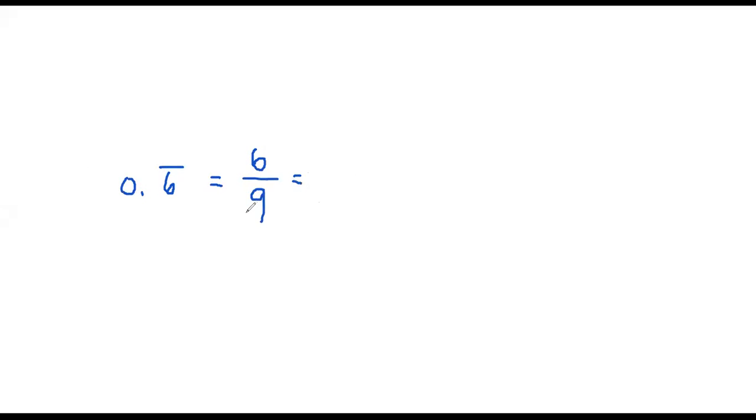So, 6 over 9. Kaso, hindi 6 over 9 ang final answer dyan, dahil pwede natin siyang i-lowest term. What is the lowest term of 6 over 9? 2 over 3. Okay? 2 over 3. So, ganyan siya.